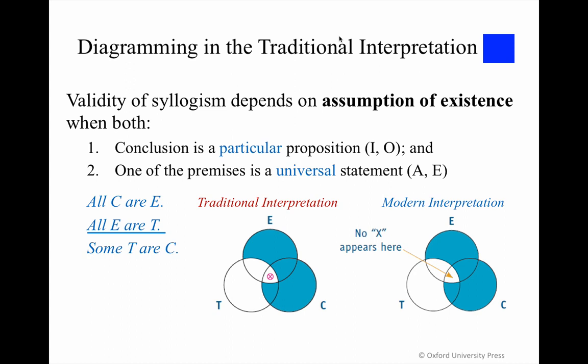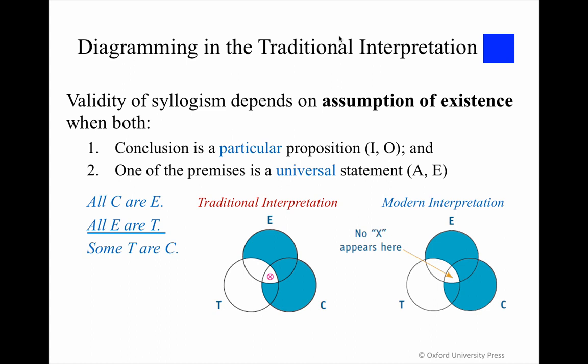On the traditional interpretation, notice there's an X in the area of overlap between C and E and the area of overlap between T and E. In other words, there is an X in the area where the three circles intersect. That is reflective of the traditional interpretation. So the circled X just tells us that we're assuming a member of the subject class. Notice that in the right Venn diagram, there is no X for the same argument.